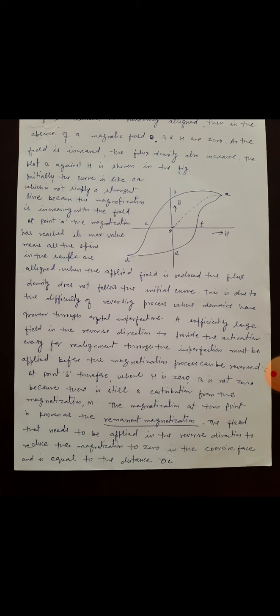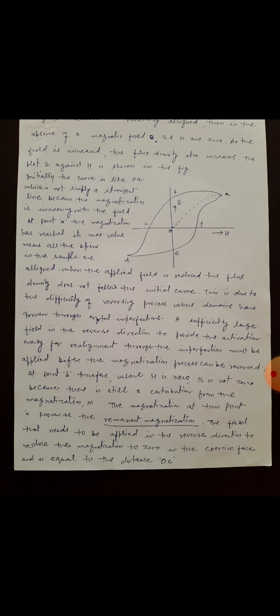Now, to make it 0, what we have to do is apply the magnetic field in the reverse direction. Reverse direction means now the graph follows the path B to C. And at point C, what do you observe? You observe that although B is 0, H has some value in the reverse direction.